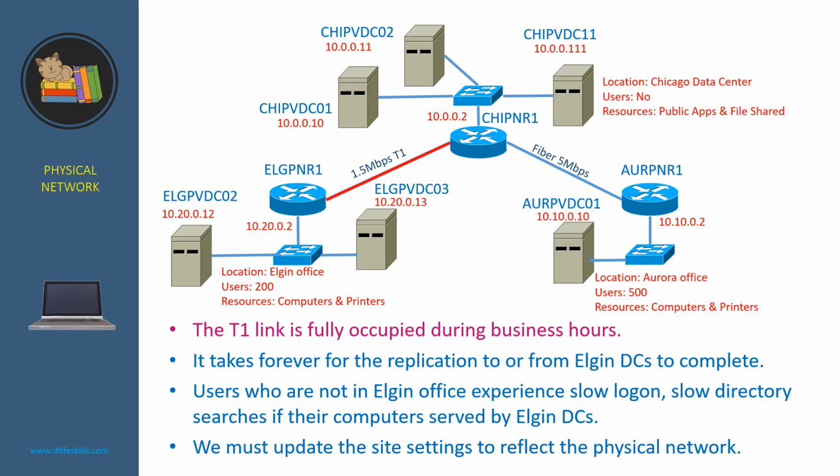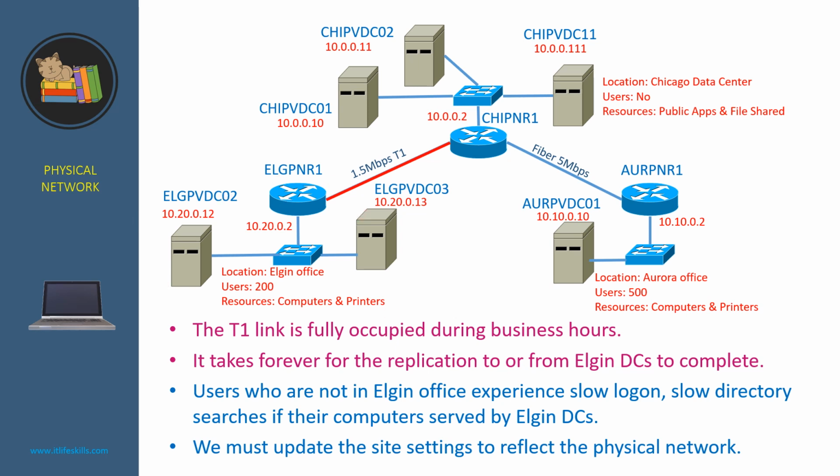By knowing the physical network, we can figure out that the current site settings will cause at least two problems. The first problem is that it allows DCs to replicate their changes immediately and the changed data is not compressed, so it takes forever for the replication to or from Elgin DCs to complete.